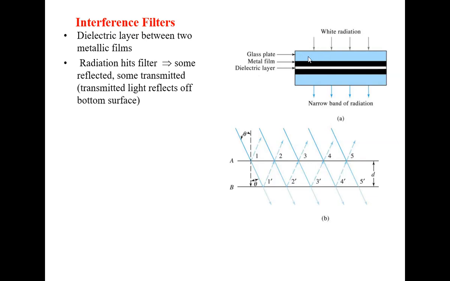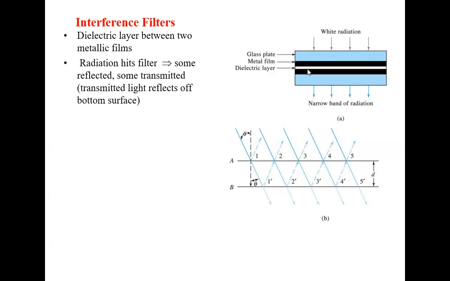notice here we have a glass plate, we have white radiation, all the light is there, the white radiation. And then we need to choose a wavelength for our analysis. So we need a glass plate here, and much more important is the dielectric layer.